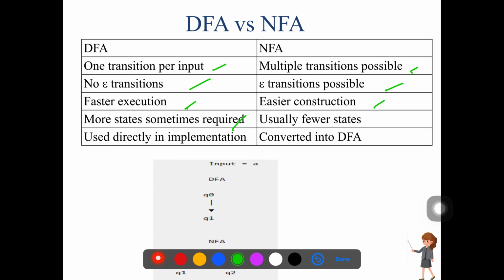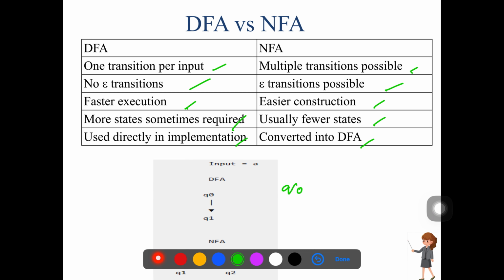NFA, usually fewer states are required because each state has the ability to make more than one transition. So fewer states are required. DFA is used directly in implementation. NFA is converted into DFA. You can see the small example here.